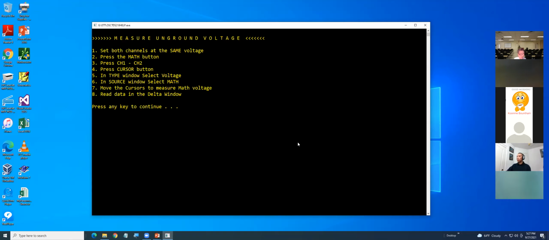An analog scope doesn't have this kind of function. You don't have a subtract channel 1 minus channel 2. So if you want to do the same, you must add channel 1 to channel 2. However, you have to invert channel 2. Then there will be a subtraction. That is using an analog scope, not the digital scope we have in the lab.